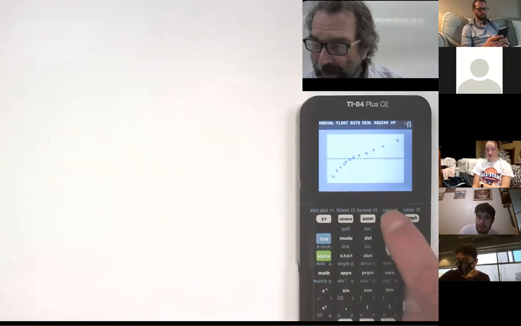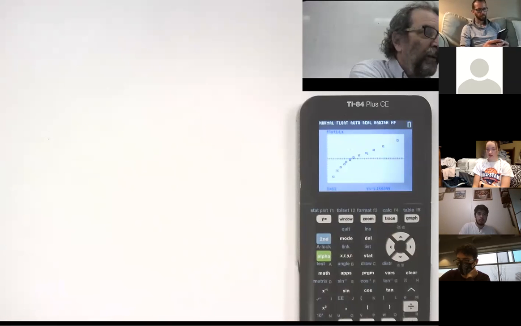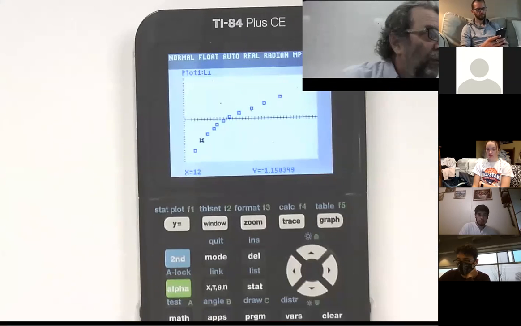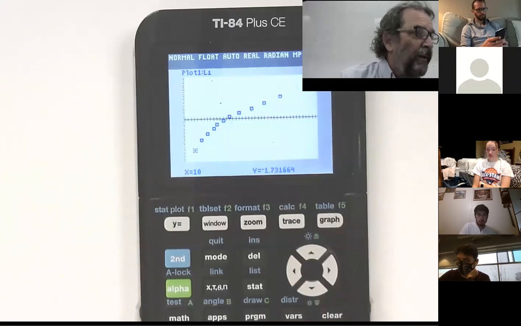I hit trace, and it showed some y values that go with these. Let me zoom in again. So that smallest value, the 10, is the smallest value, and it has a z value that goes with it.